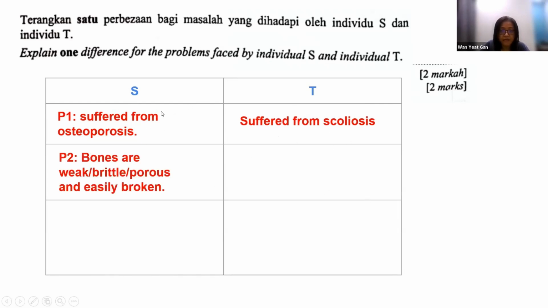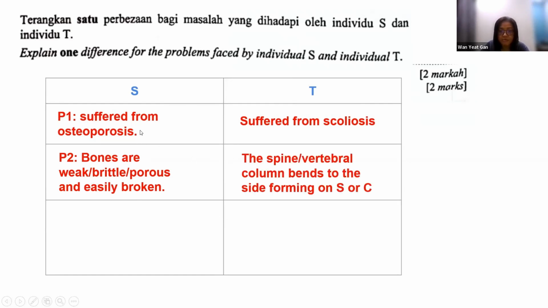For S, the result of osteoporosis is that their bones are brittle, weak, and easily broken. Whereas for T, the vertebral column bends to the side, forming an S or C shape. As you can see earlier, it is bent towards one side, like an S or a C shape.